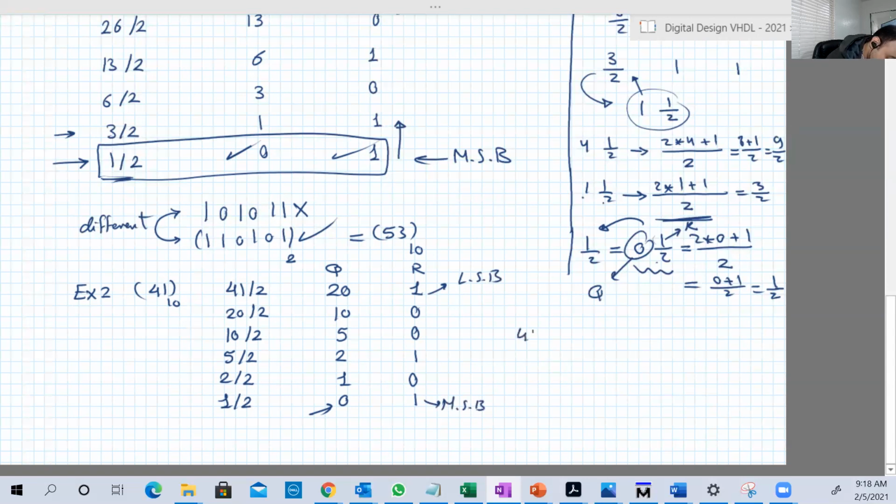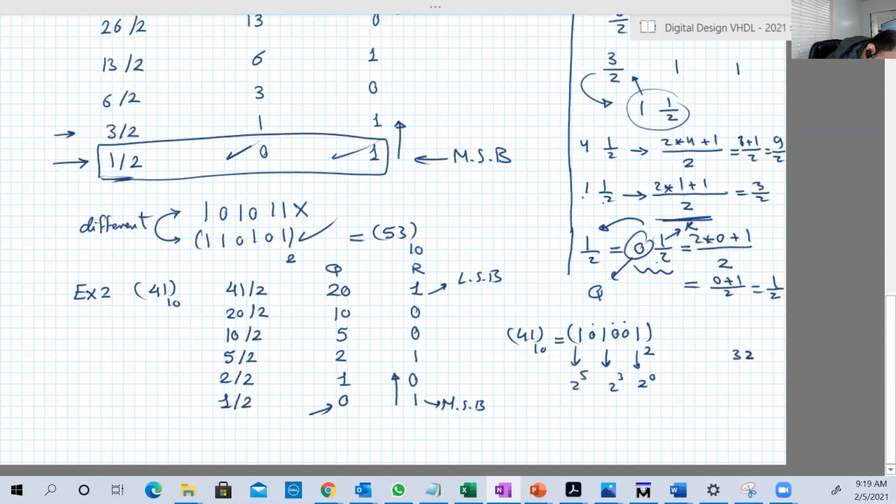So 41 in decimal is actually, we go in that way, 101001. This is the equivalent of 41 in binary. Now, can we verify that? Yes, you can convert it back, and that's easy as well. So this is 2 to the power of 0, 2 to the power of 1, 2 to the power of 2, 2 to the power of 3, 2 to the power of 4, 2 to the power of 5.